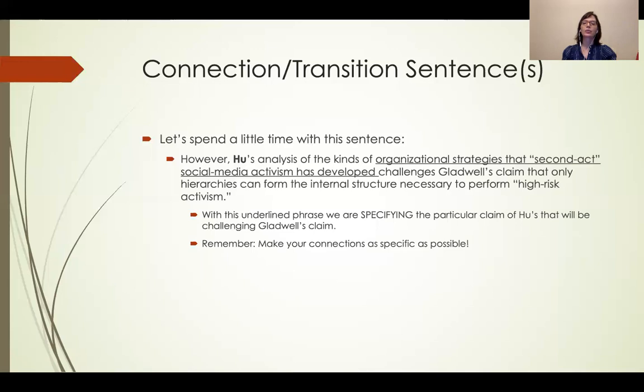And so we're highlighting this language here just as a reminder to make sure that you're making your connections as specific and detailed as possible, right? So we're not just connecting Hugh and Gladwell in general, right? It's, okay, now I'm focusing on this particular claim from Gladwell and this particular claim from Hugh.